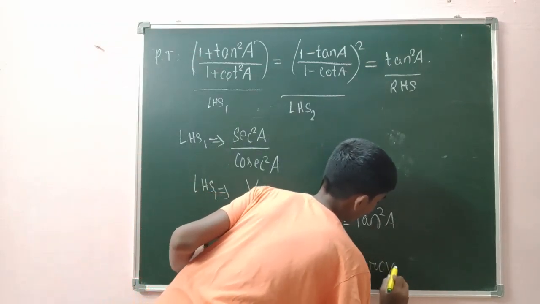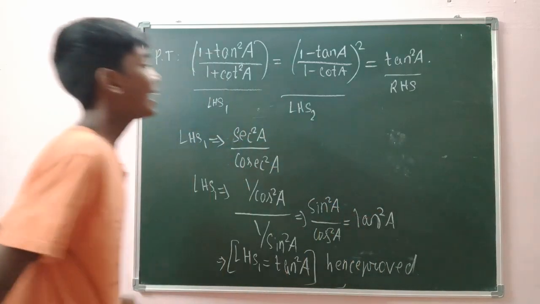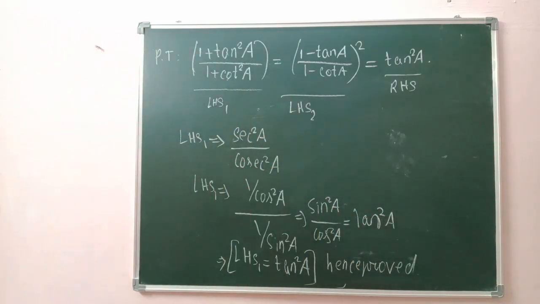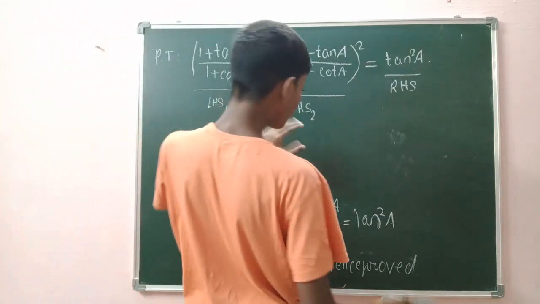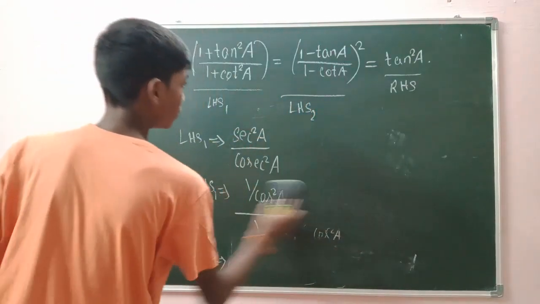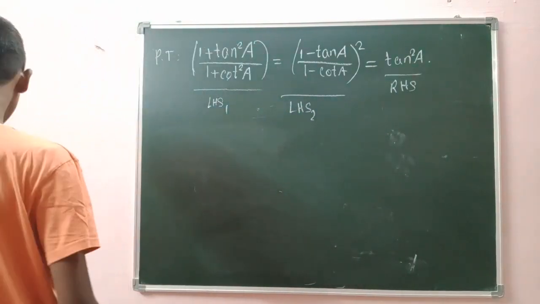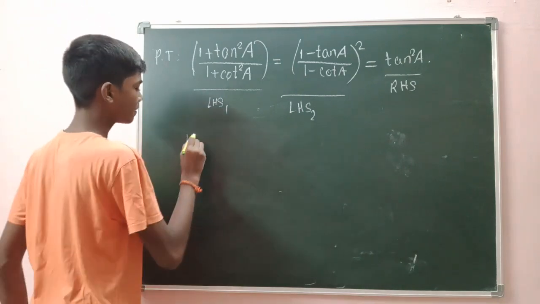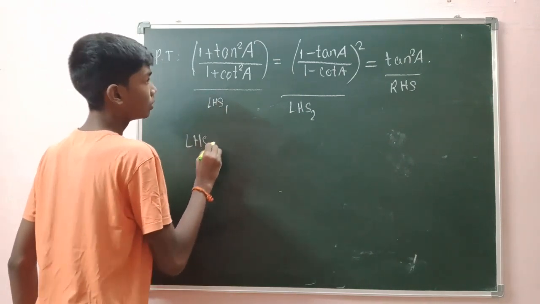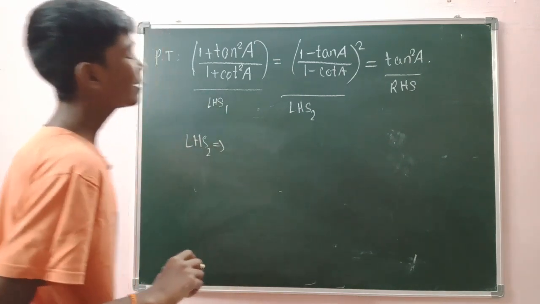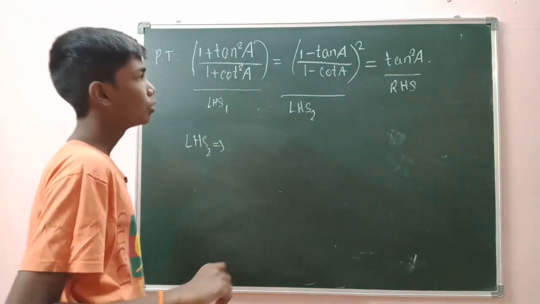And now, we need to prove your LHS2. The job is not over, so just stay with me. We need to prove that your LHS2 is equal to your RHS. So what is your LHS2? Your LHS2 is nothing but (1 minus tan A) by (1 minus cot A), the whole square.